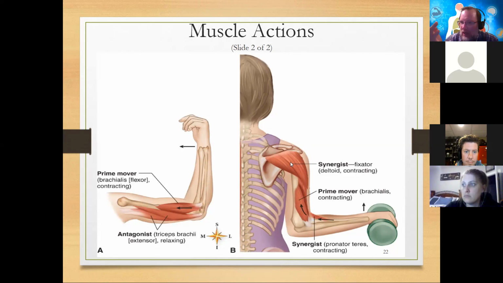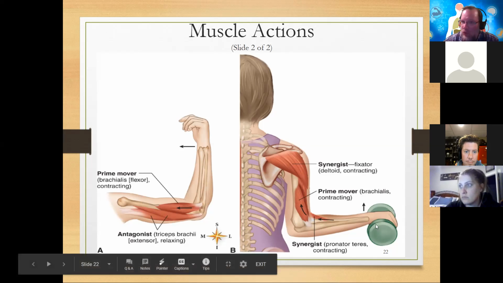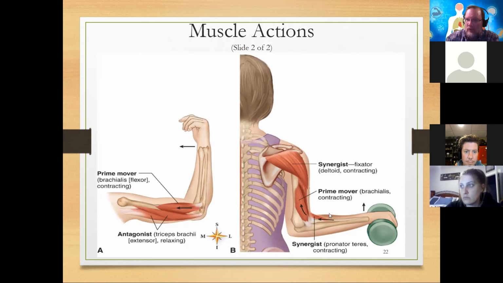In fact, in my days in the clinic, with shoulder socket injuries, whether it's a dislocation or subluxation, oftentimes it occurred when the patient was lifting or moving something. So their prime mover, the bicep, or maybe it was a tricep, something was fine, but they didn't have that synergist fixating and stabilizing the socket.